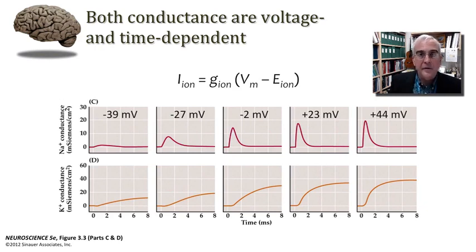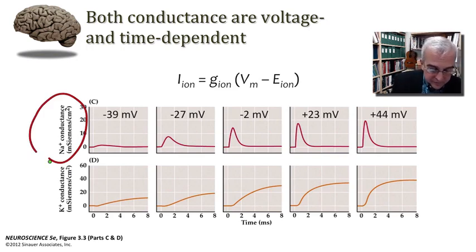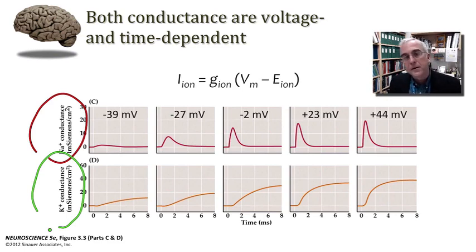Now having confidence that that transient current is carried by sodium and the delayed current is carried by potassium, what we can now do is express these current fluxes in terms of conductances for sodium and potassium.